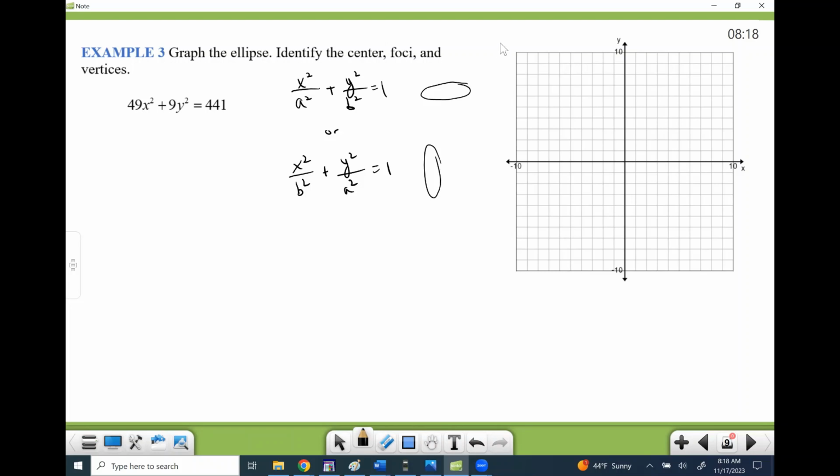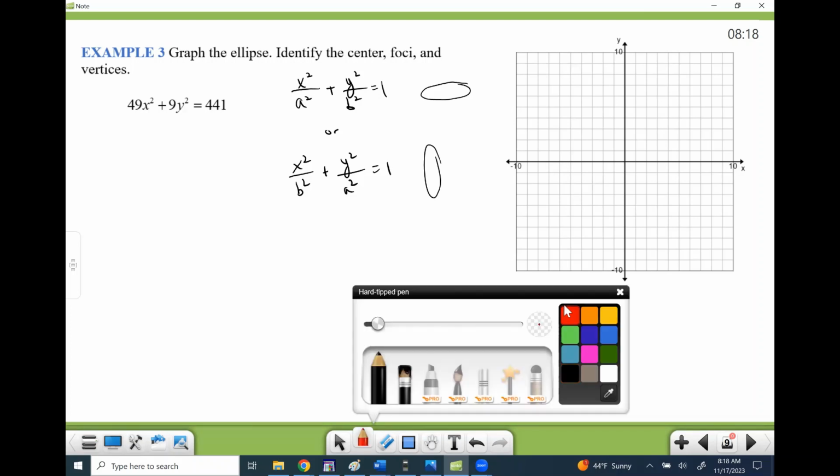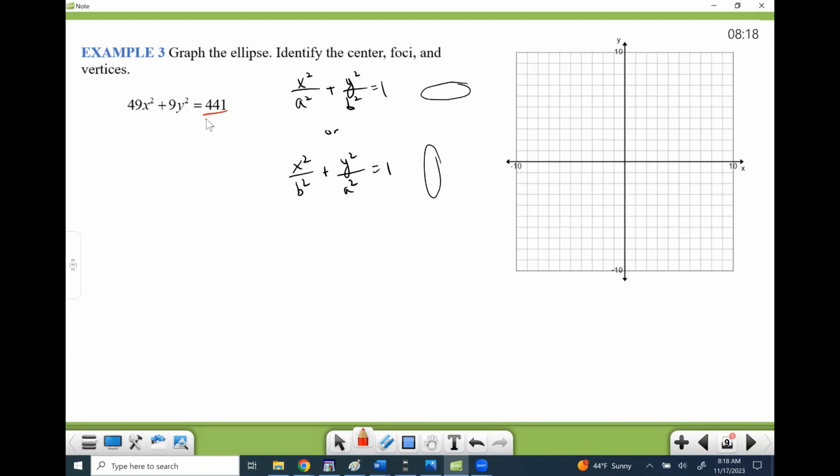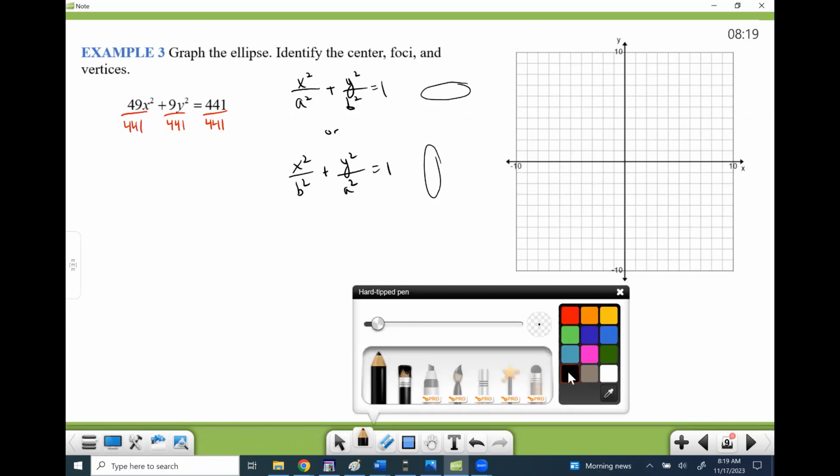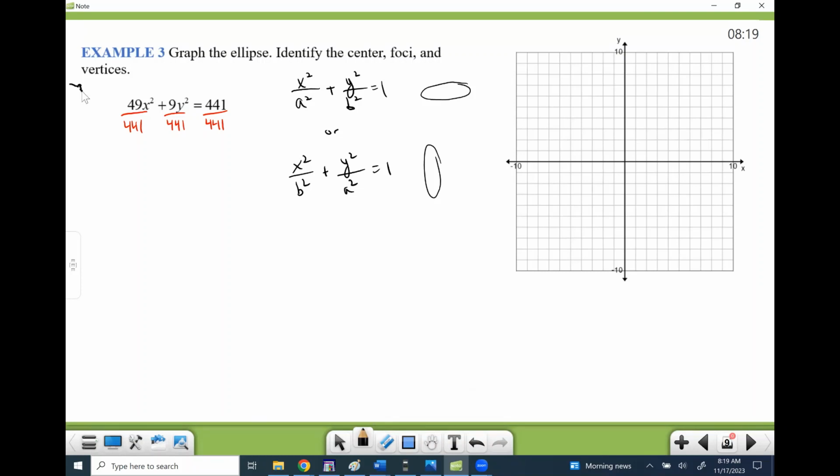Looking at our goal, the right-hand side is going to be 1, and that's going to be the case for hyperbolas too. To make the right-hand side 1, we divide by 441. So 49 goes into 441 9 times, kind of like reducing a fraction.